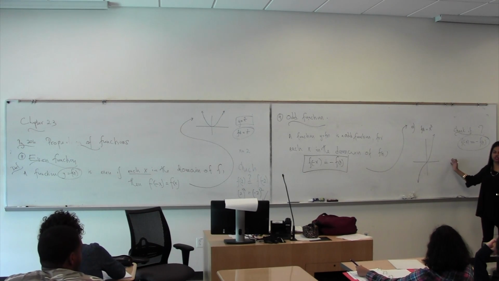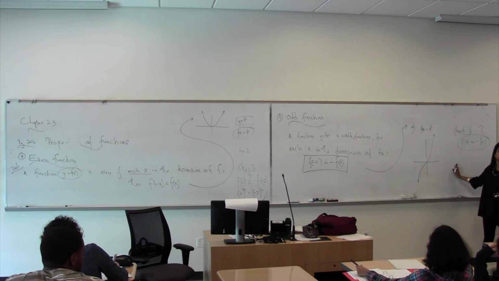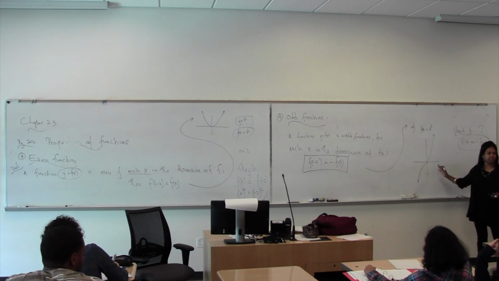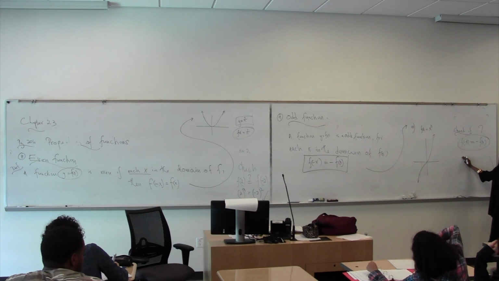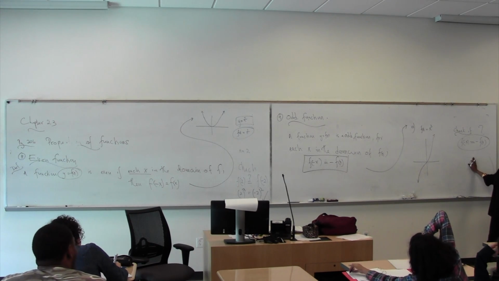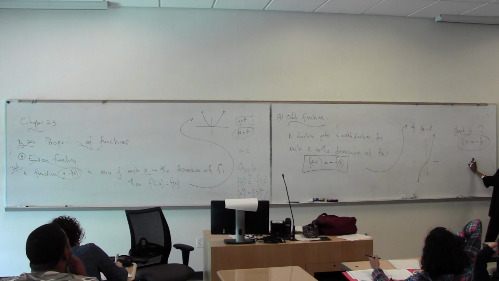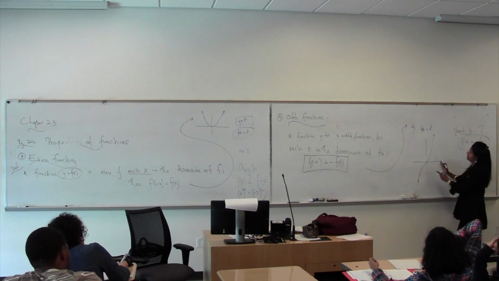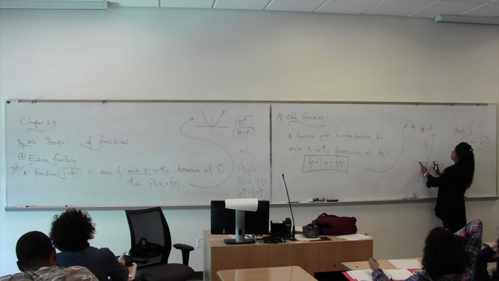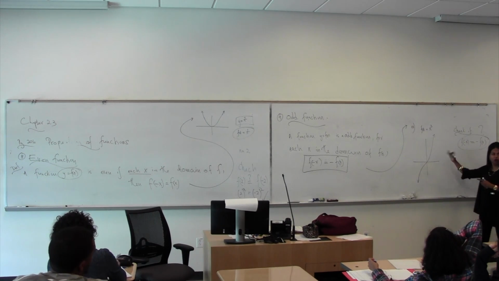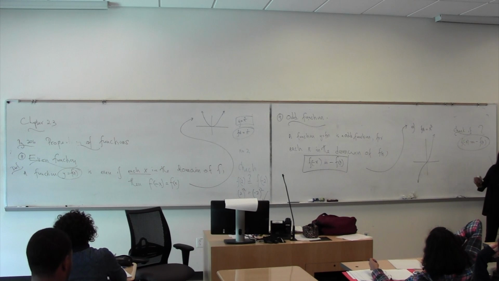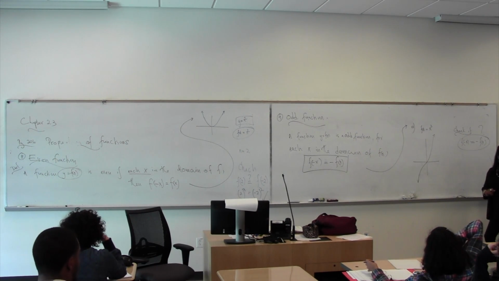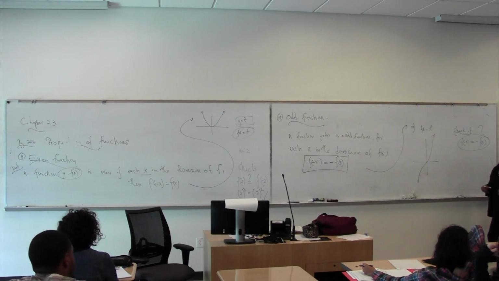What's the domain for this function? All real numbers, negative infinity to positive infinity. For any x in the domain, it should satisfy this. If one x in the domain doesn't satisfy this, then that's not an odd function within that interval. Or you can say within an interval, the function is odd if all x within that interval satisfy this condition. Do you guys understand the language I'm speaking? Yes, thank you.